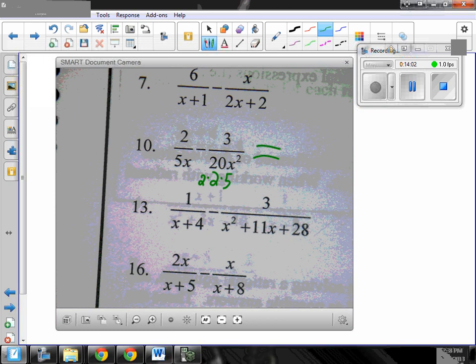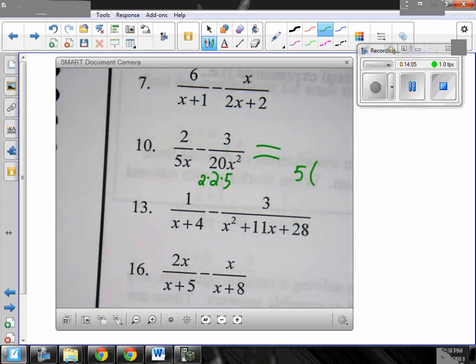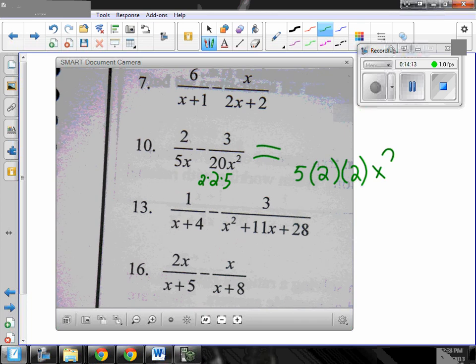A 5. What else? A 2 and a 2. What else? How many x's? X squared. Now everything that you see here and here shows up in there, and then you just look and see what the other things are missing.